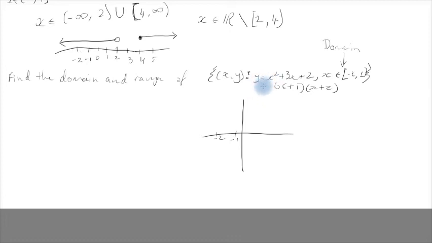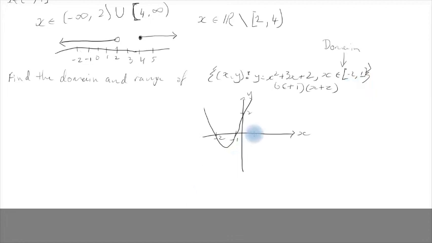And the y-intercept, if we put x in here, is 2. Okay, so now we can quickly do a bit of a sketch of that. Now let's look at the domain. It's only valid for x values between minus 2 and 1.